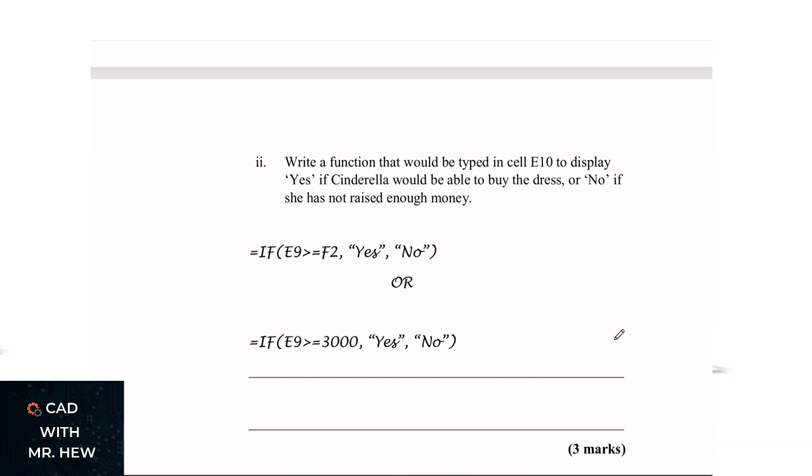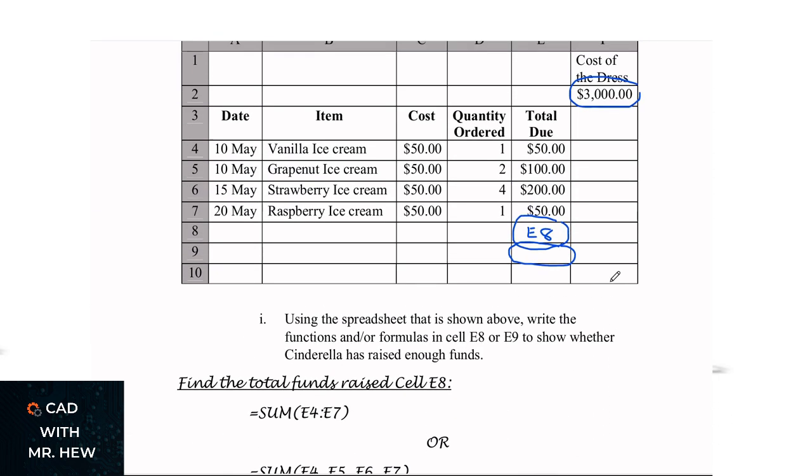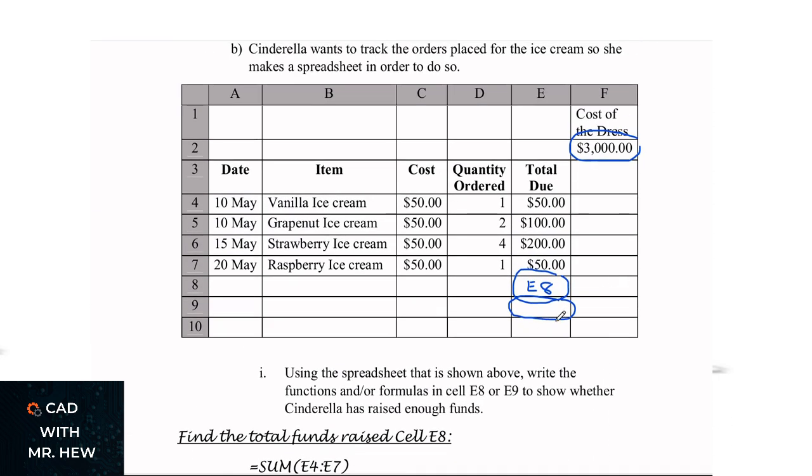All right. Now it says write a function that will be typed in cell E10 to display yes if Cinderella has enough money to buy the dress, or no if she has not raised enough money. So let's also look at cell E10. So E10 would be this one, and this one will be E9.